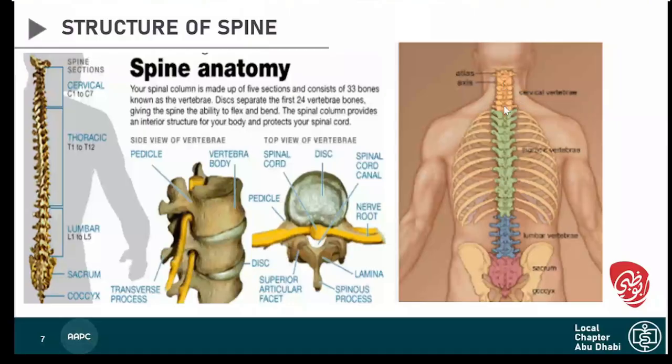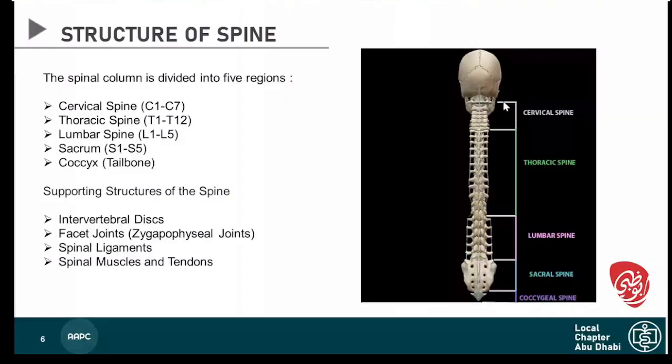About the cervical spine, it is made up of 7 vertebrae, C1 to C7. It is separated by intervertebral discs.